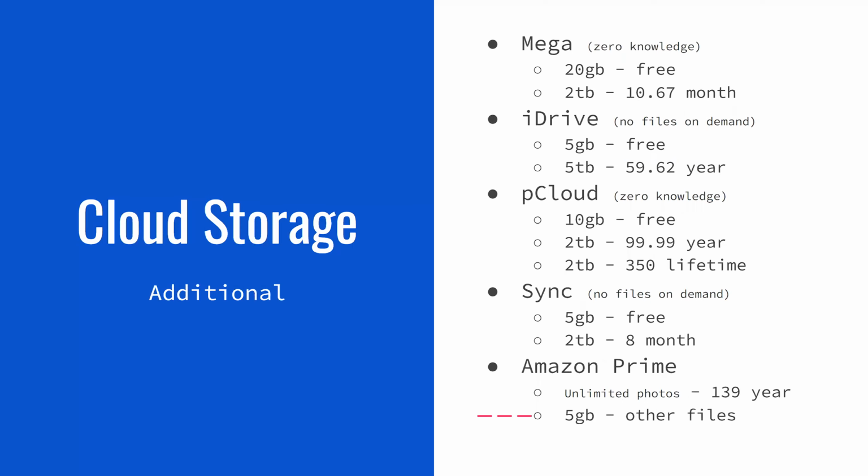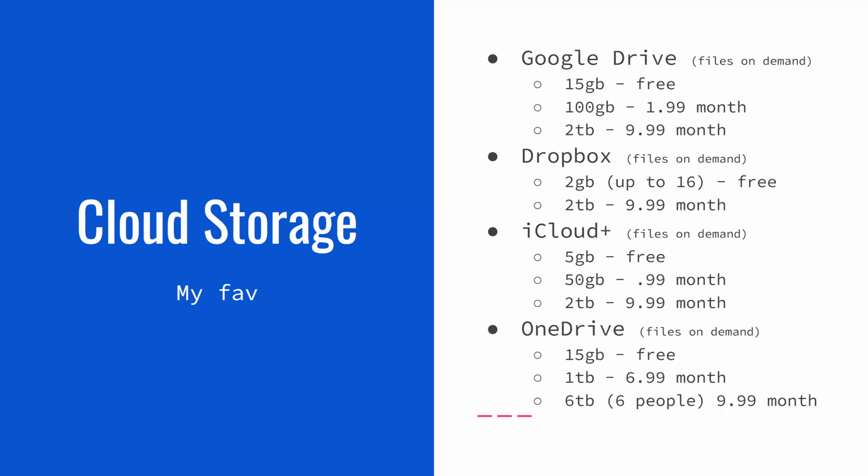And then if you want to have a zero knowledge setup, then the two I've used are pCloud and Mega, and I prefer Mega a little bit. But any of these will work. I highly recommend you just try out the free versions of one or two and see if you like it. And if you don't like it, you can transition to something else.